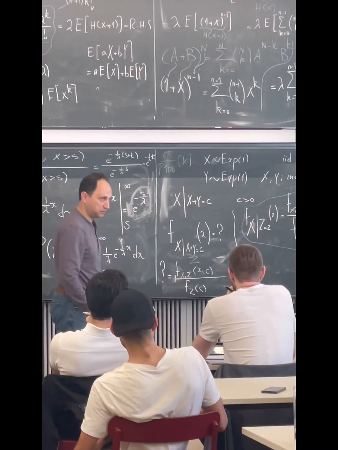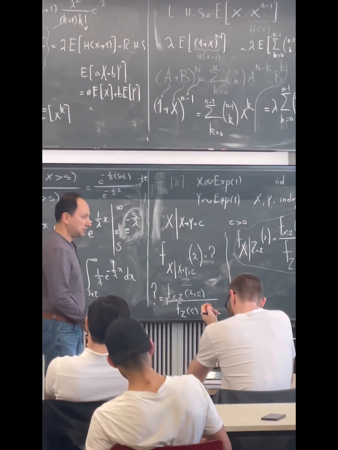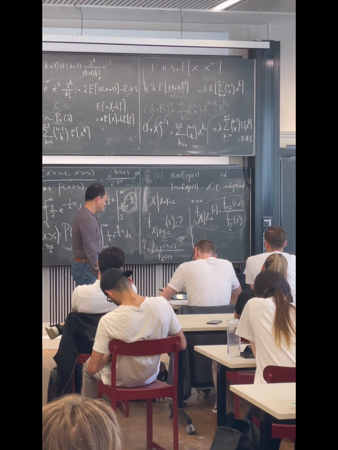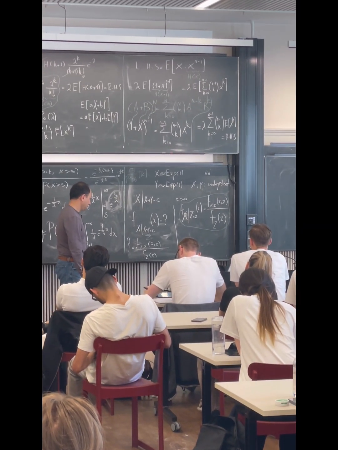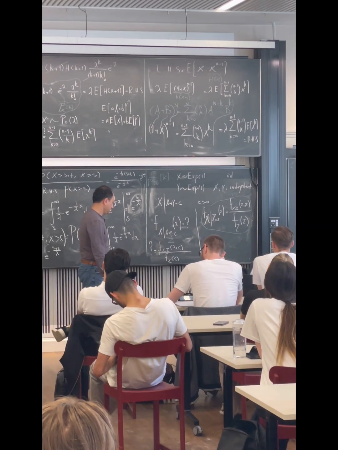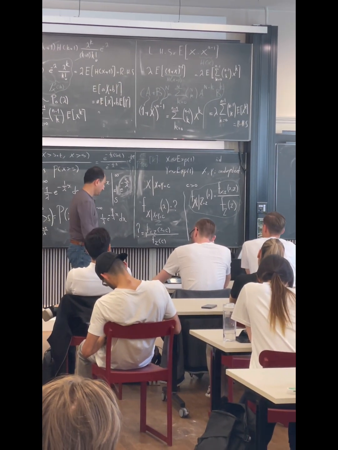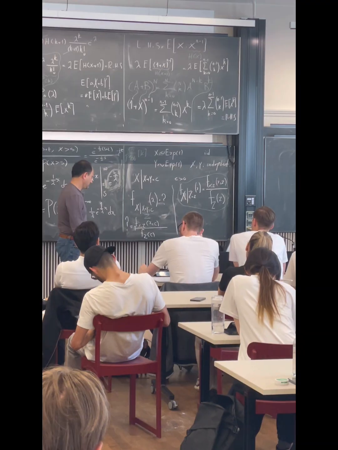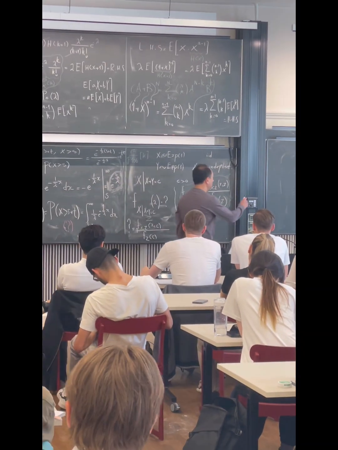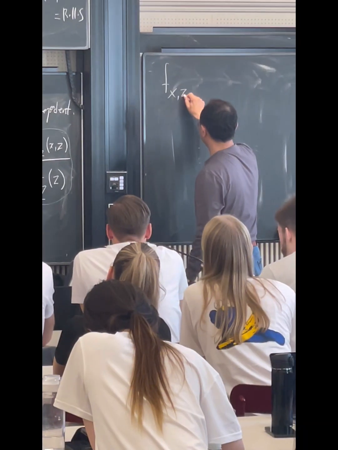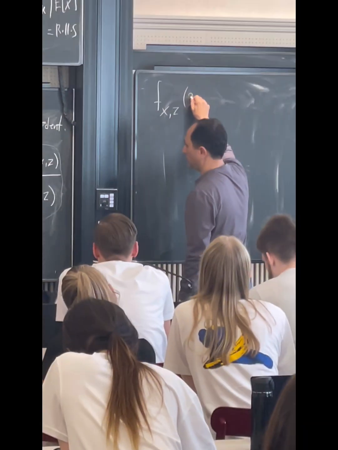This one? Yeah. Yes? Since x plus y is equal to c, then we can write it as the joint distribution of x and y with the input of x and c minus x. Yes. So let me follow you. So you are telling me that f of x, so don't write it down yet. If it works, then we can write. So this is what you're saying. So what should I do?